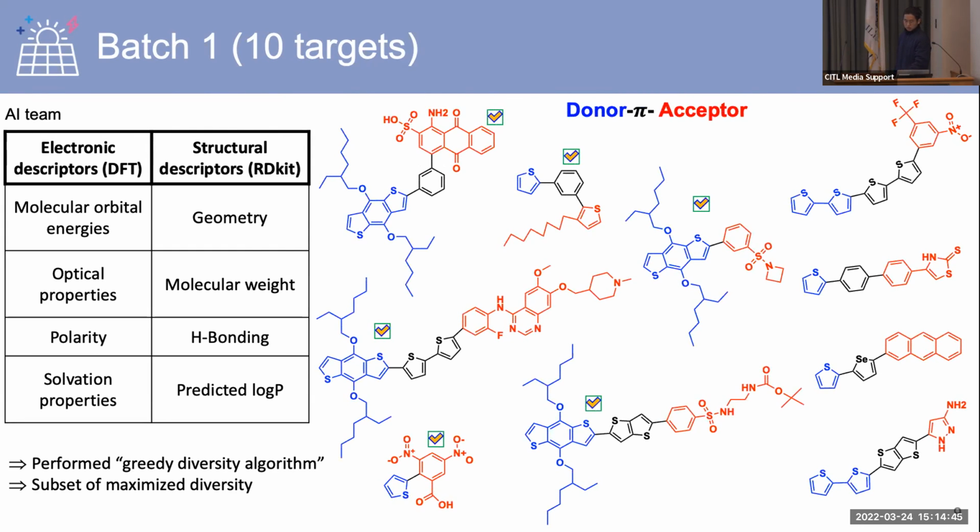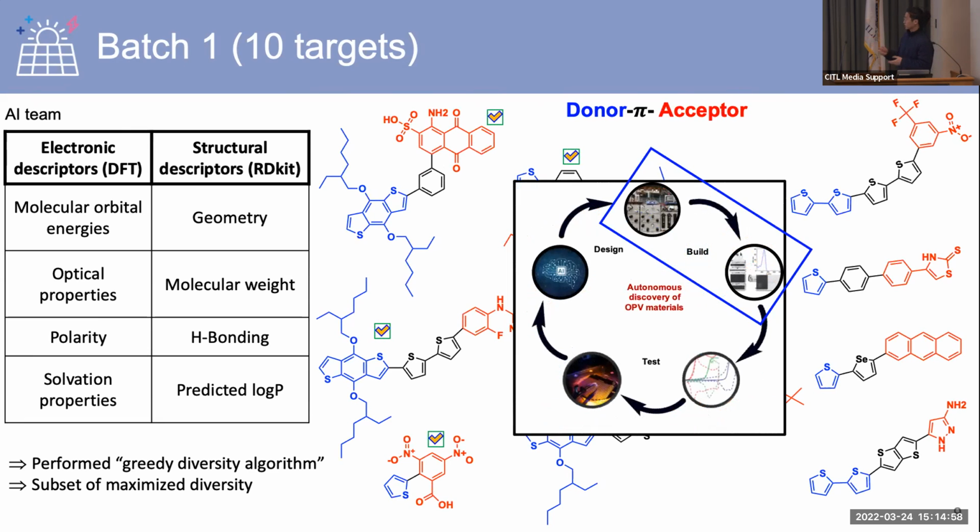These are the 10 molecules suggested for the first round, and 6 molecules were successfully synthesized from this set. These molecules were handed to the characterization team because the next step is testing.